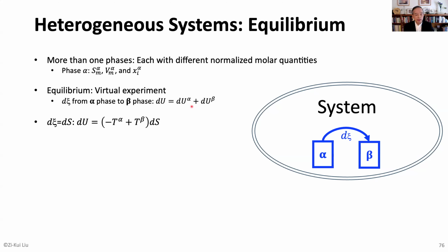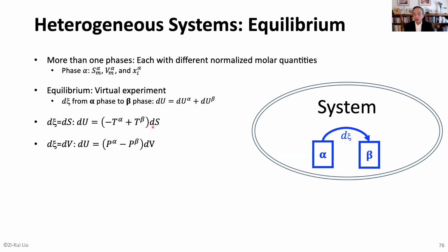So now we move entropy, some entropy from alpha to beta. And we know that dU would be equal to temperature times dS, right? But now for the alpha phase, dS is negative because we take some dS out of alpha. So it's minus T alpha plus T beta times dS. Okay. So that's one virtual experiment.